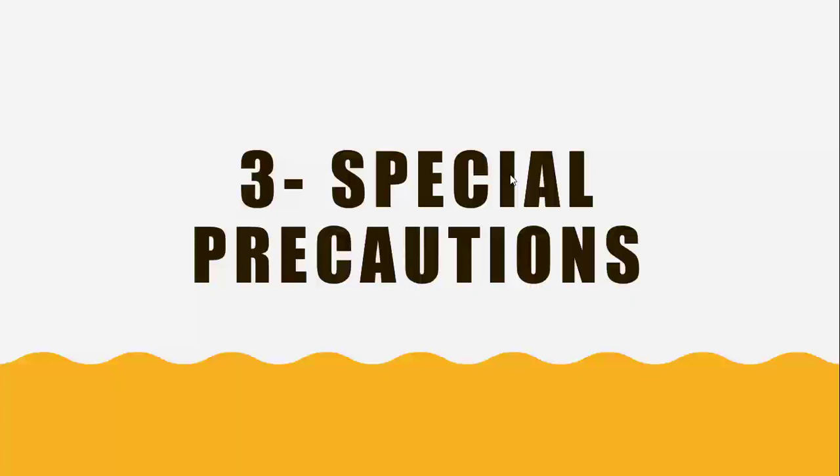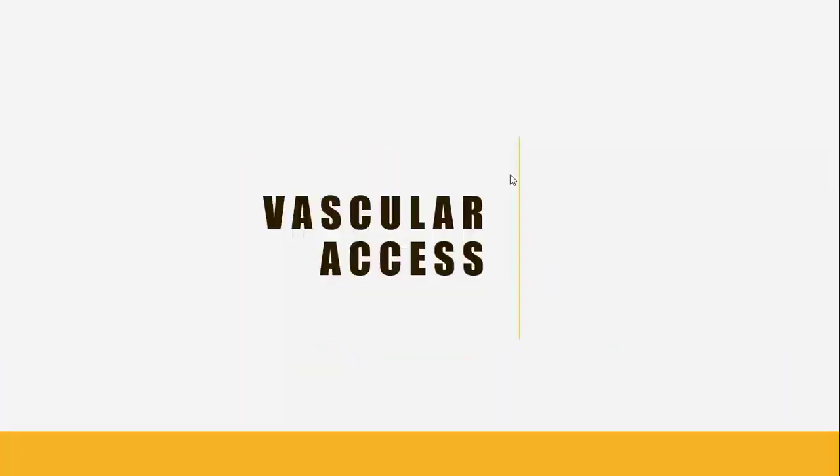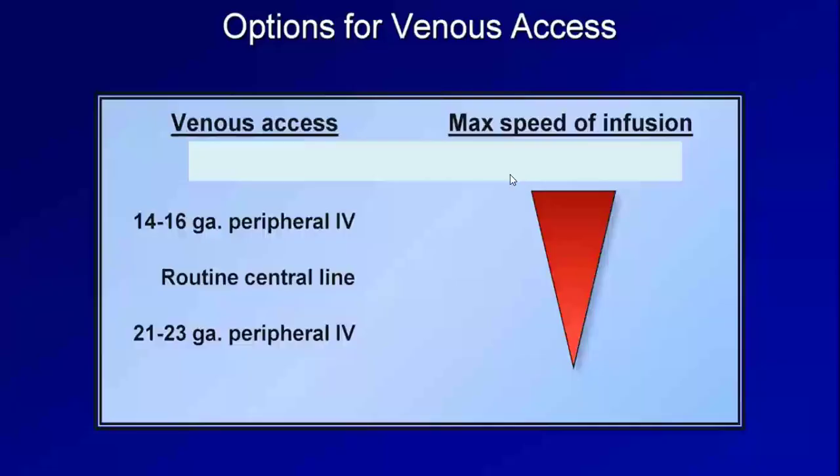Pass to the last 2 slides of the lecture, special precautions. We should know that we have different vascular access routes we infuse the IV fluids through, and we have multiple sizes of the cannulas and multiple sizes of the central venous lines.